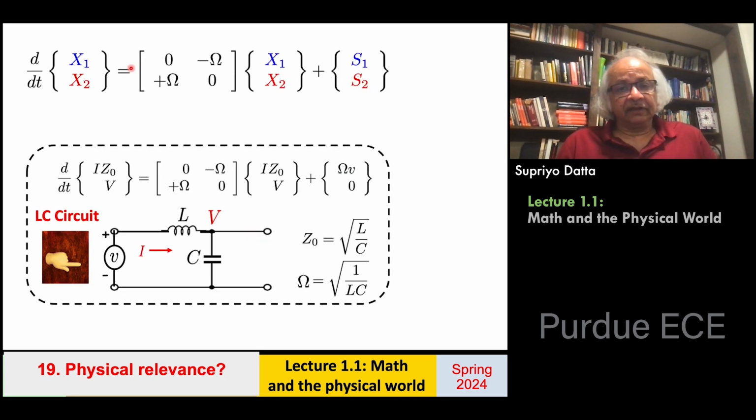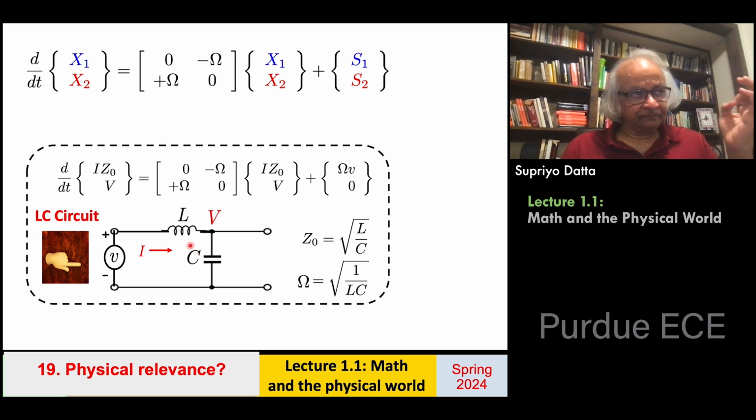Physical relevance: does this describe anything physical that we're interested in? Well, one example is, instead of an RC circuit, consider an LC circuit. And what we'll show in the actual lectures is that if you write down the equations for this circuit, you can put it in this form that looks exactly like our generic form.